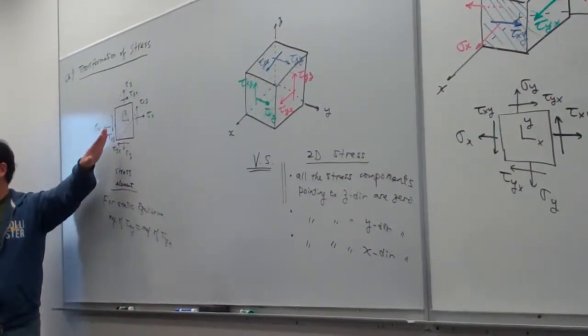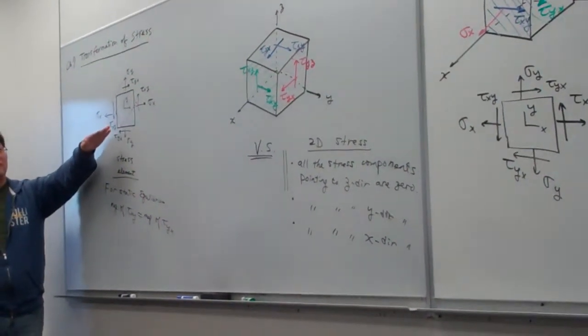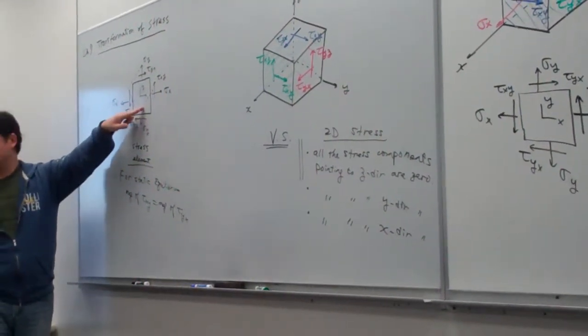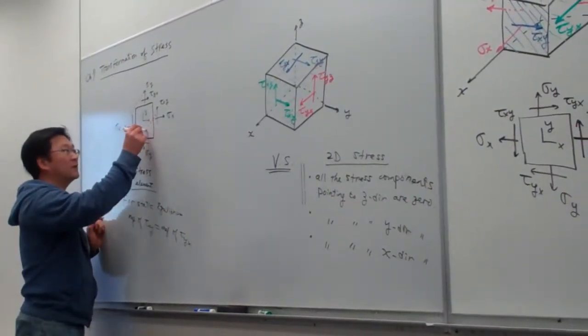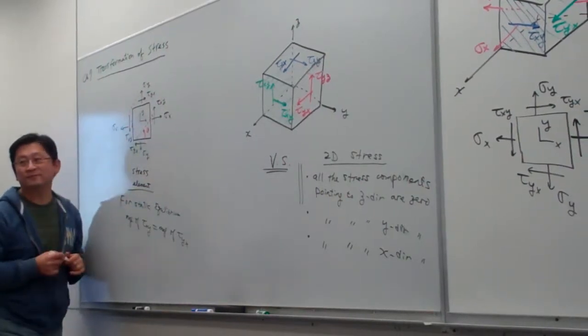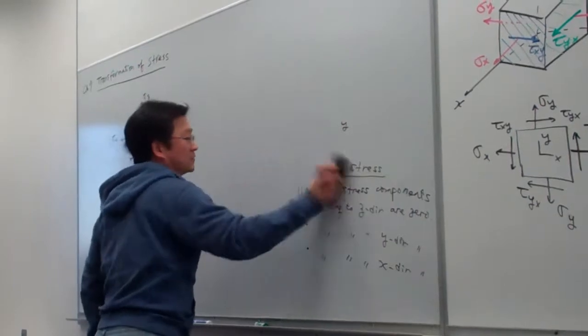Based upon those results, we want to calculate the value of the stresses in a different orientation. And that orientation, for example, we are given a certain value, any value, say theta. So the problem statement becomes like this.